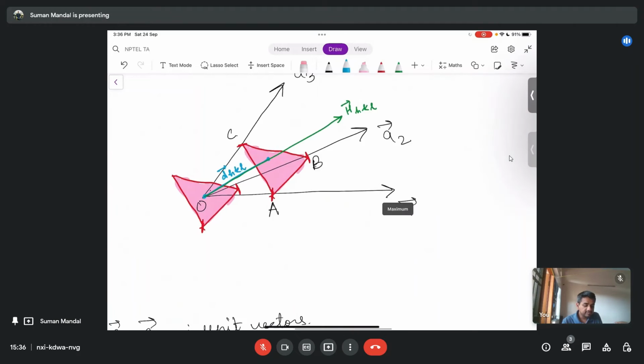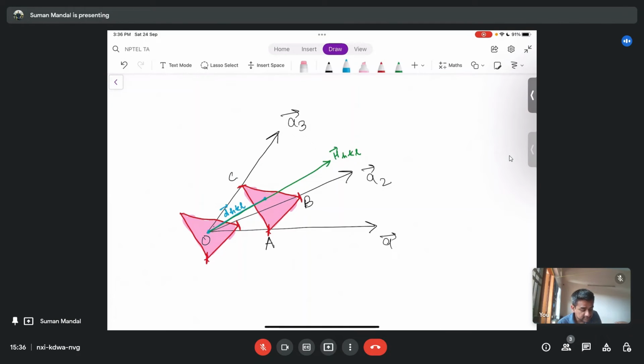And we can also see from here, I hope this image is clear, that dHKL is the distance between two planes, in which one of the planes lies at the origin and the other plane ABC is the adjacent parallel plane to that. The reciprocal lattice vector is perpendicular to all three lines AB, BC, and AC, which lie on the plane HKL.